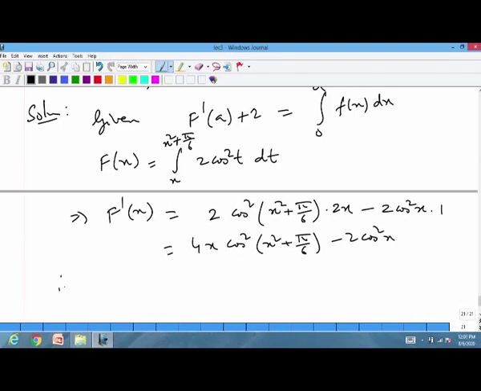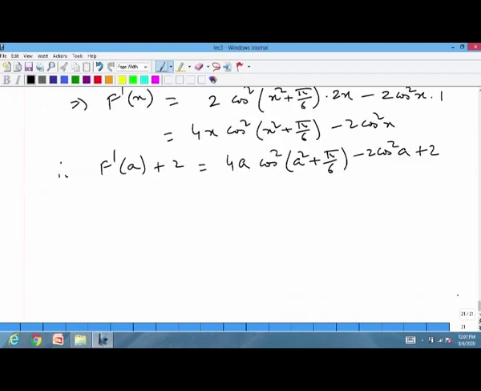So, therefore, f prime a plus 2 will be equal to 4 a cos square of a square plus pi by 6 minus 2 cos square a plus 2, which I can write as 4 a cos square of a square plus pi by 6 plus 2 sin square a, because sin square a is 1 minus cos square a.